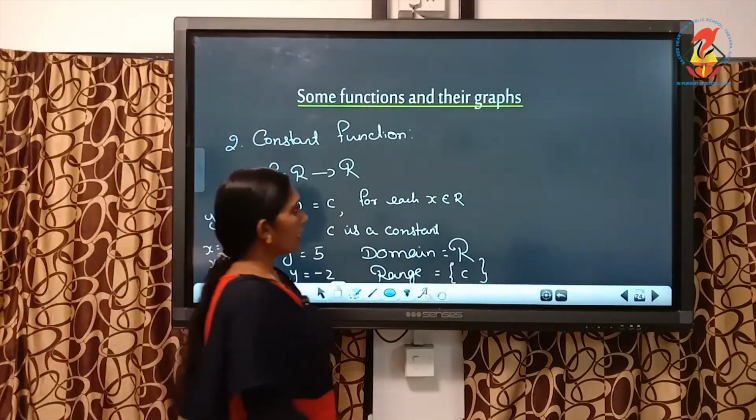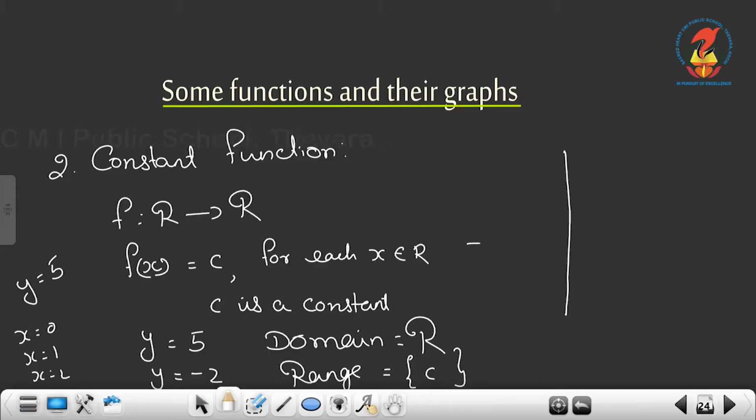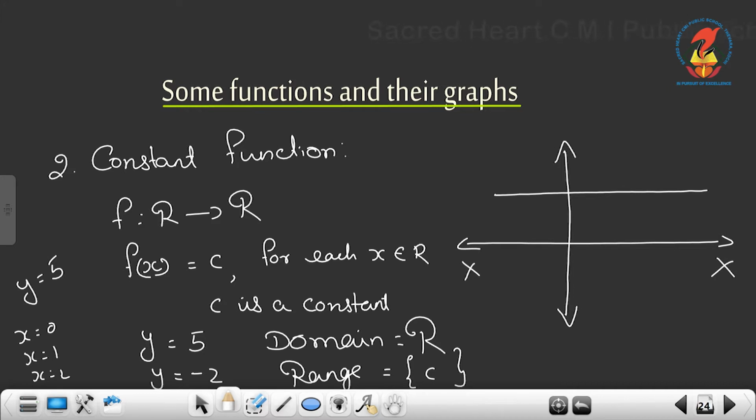Okay. Now what is the graph? For the graph you have to take an example like this, y is equal to 5. So what type of graph is y is equal to 5? Y is equal to 5 is a straight line parallel to x axis, isn't it?